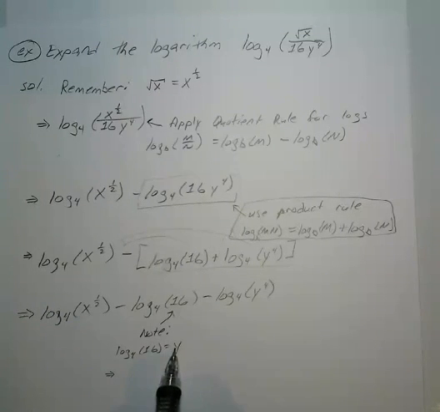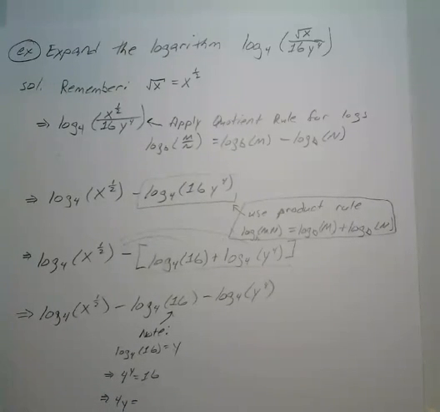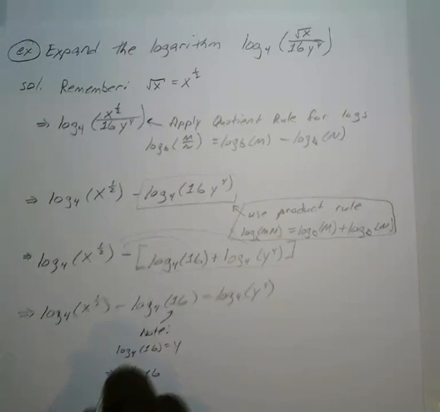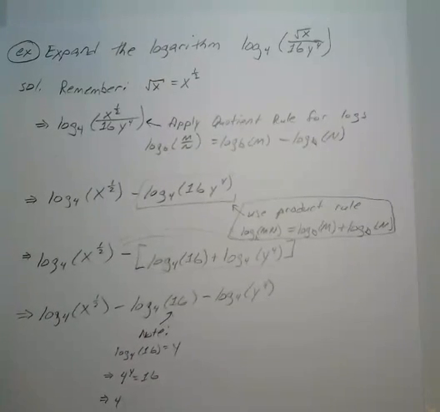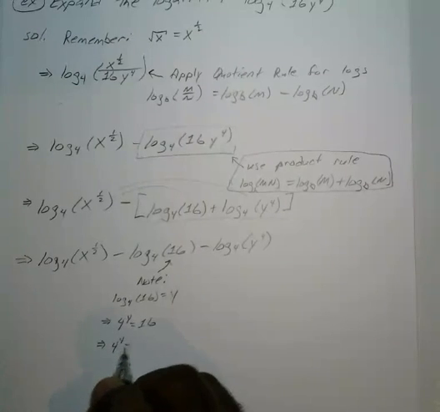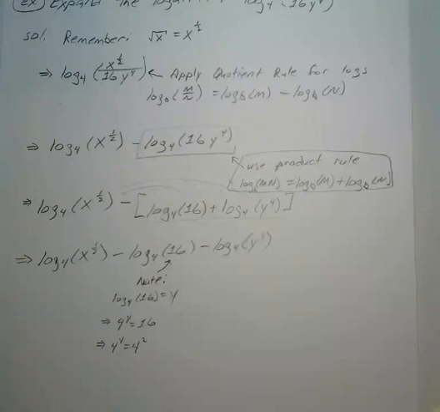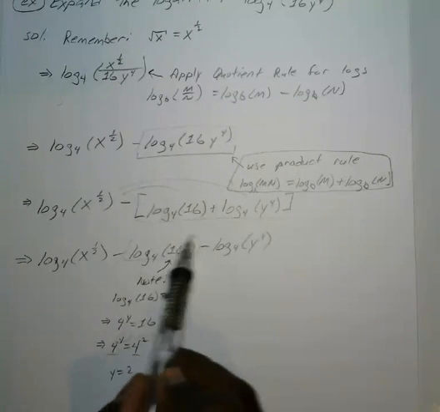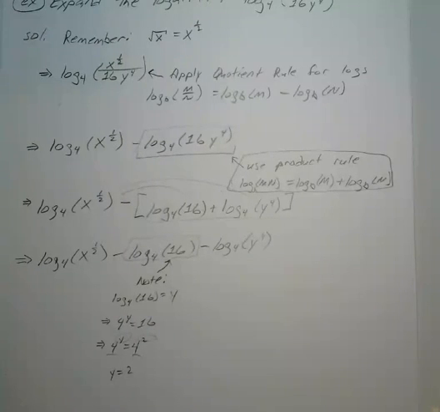So that's 4 to the power of y equals 16. And remember, 16 is just equal to 4 squared. So 4 to the power of y equals 4 squared. So the bases are the same, which means y has to equal 2. That means this entire term is equal to 2.